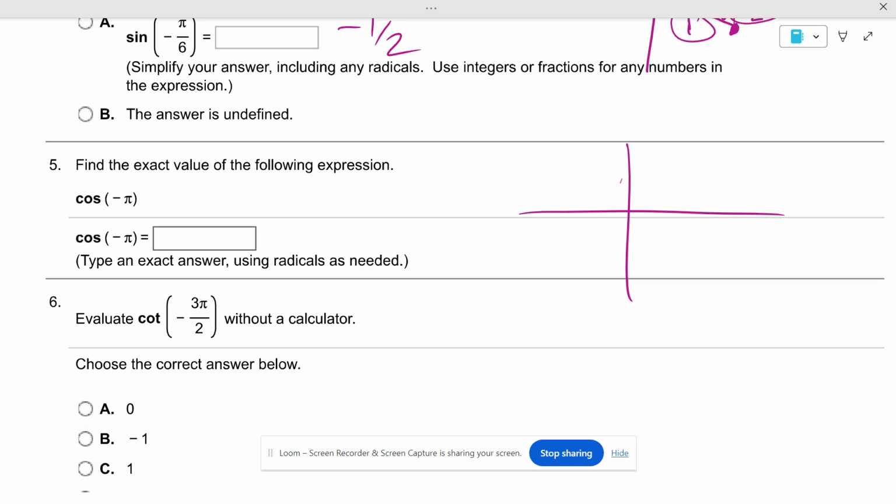Not 360. 360 is 2 pi. 180. So we're going this far back. Just a little bit ago, we had this same problem, right? Where's this point at? Negative 1, 0, which then the cosine of negative pi is negative 1.